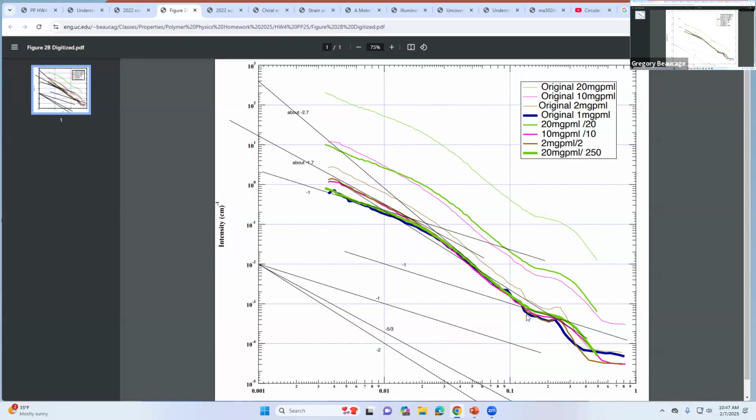I don't know what that is, but let me find out. So that's 52 angstrom, 5 nanometer.